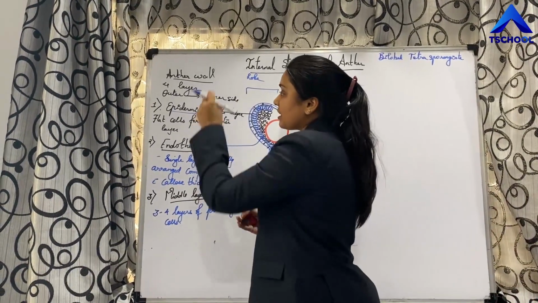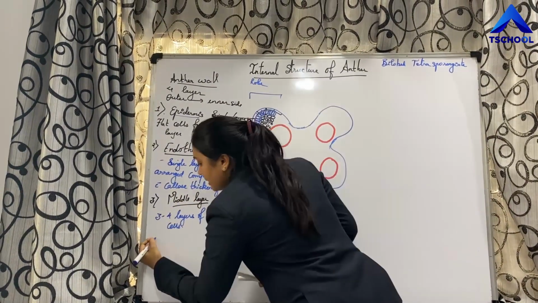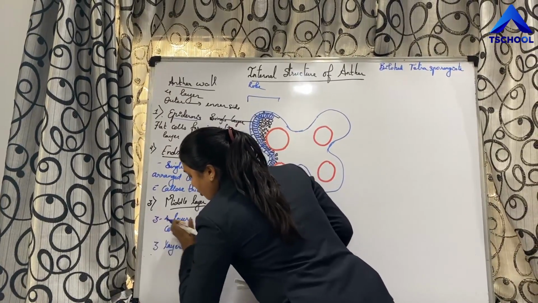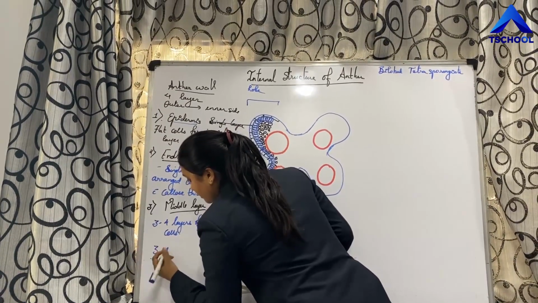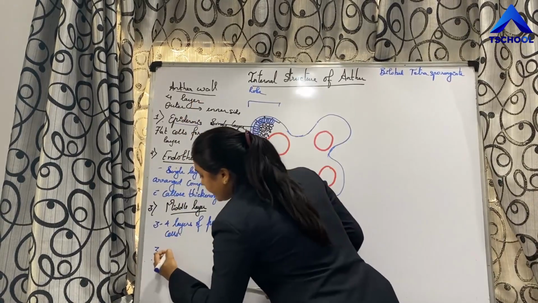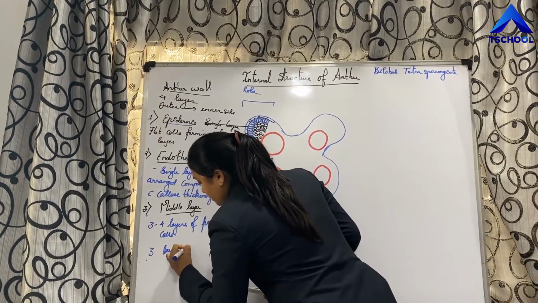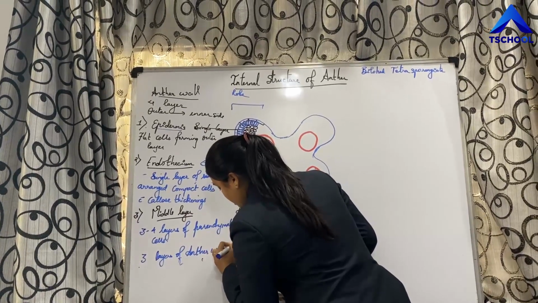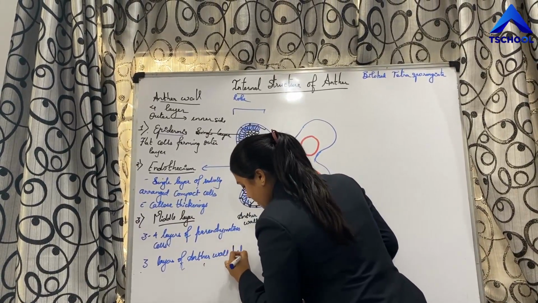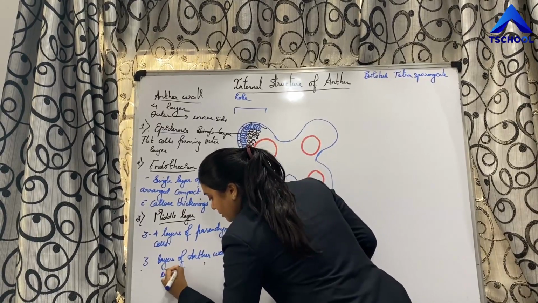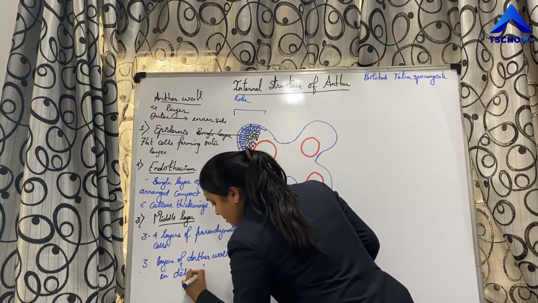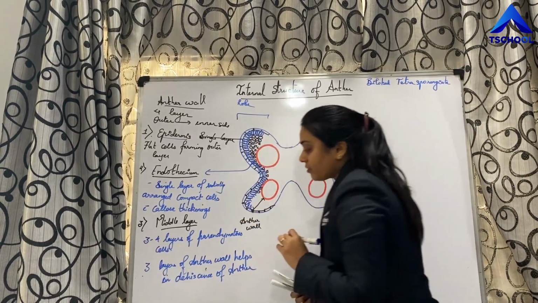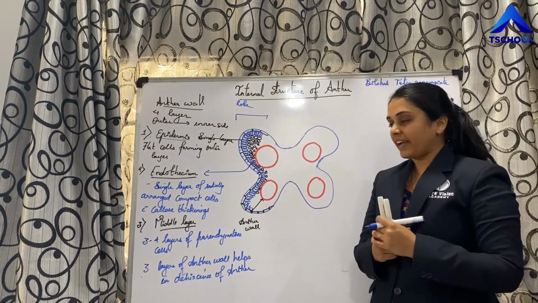And all these 3 layers of the anther wall help in dehiscence of the anther. What is dehiscence of the anther?